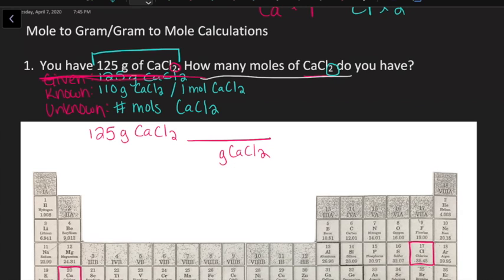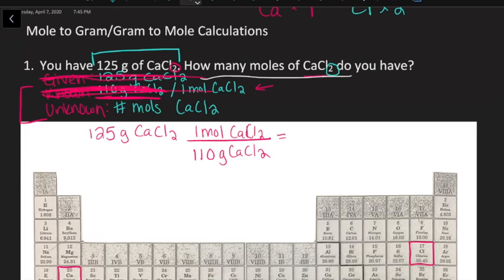Alright, so if I look at all the variables we have here, where I see grams is right there. So 110 grams. Okay, that leaves me with only this to put on top: 1 mole CaCl2.